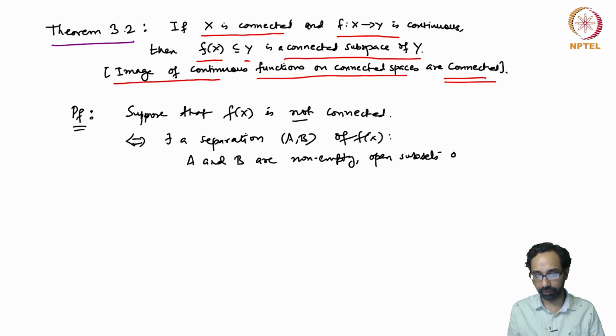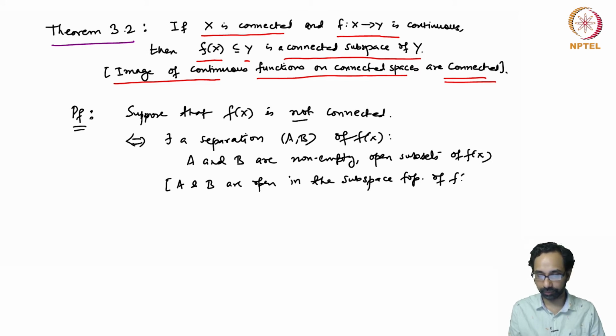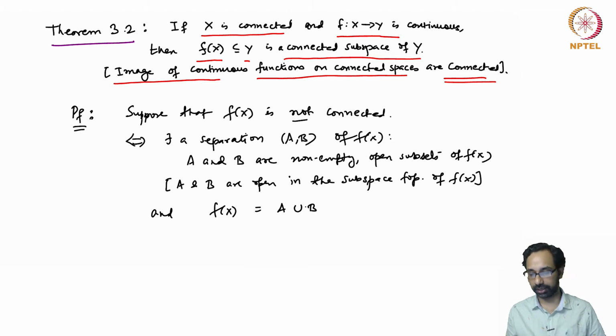Open subsets of f(X). Here we have already seen in the previous lecture that a separation of a subspace is taken in the sense of the subspace topology. So here A and B are open in the subspace topology of f(X), right? And f(X) is a disjoint union of these two sets.